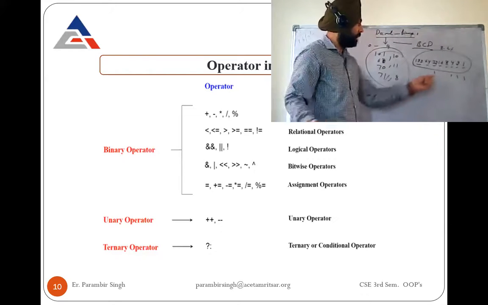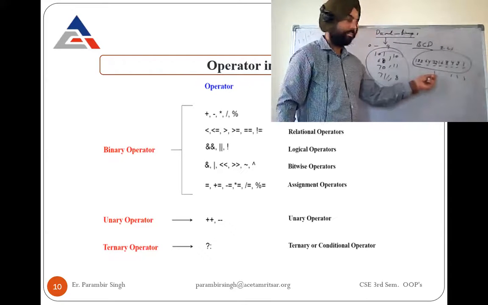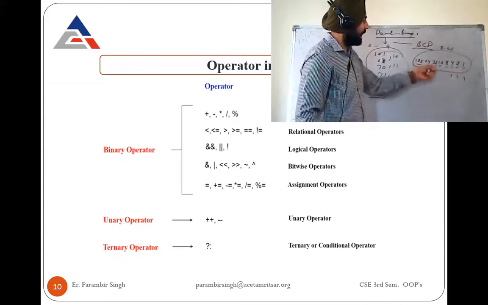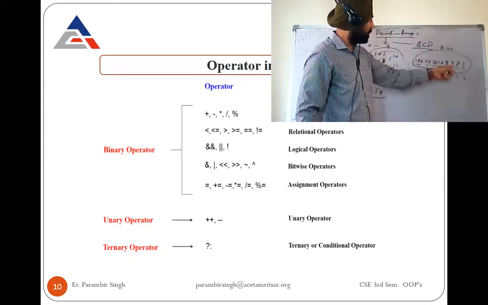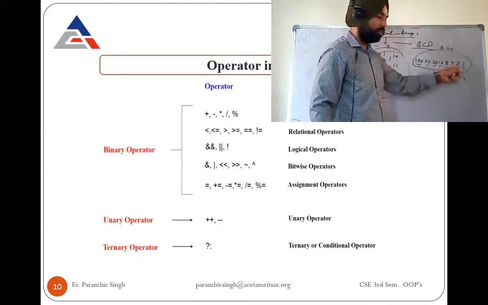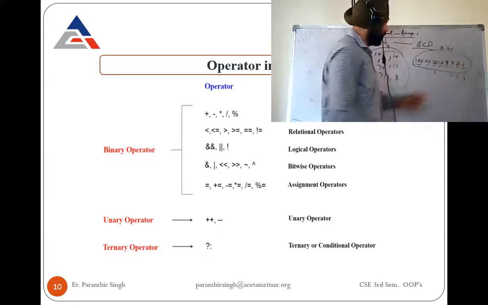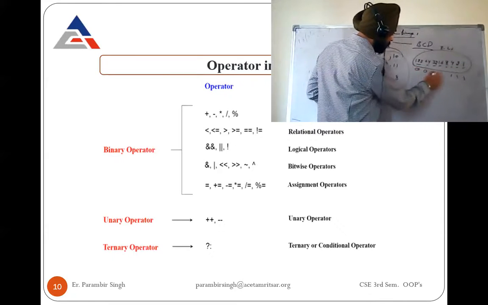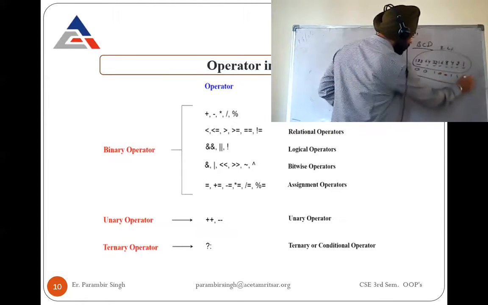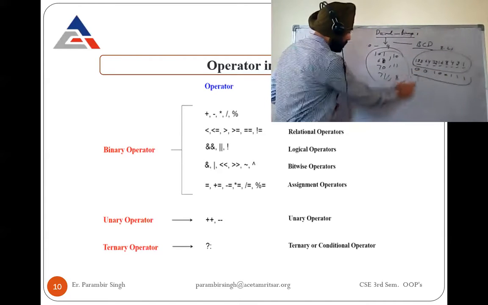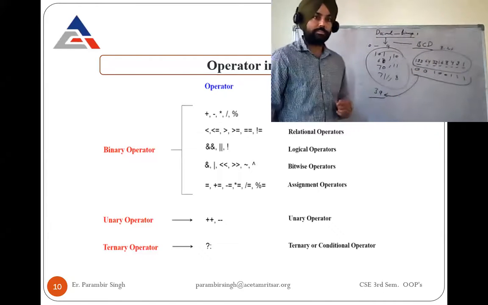So you just write the 1 where you add the values: 32 plus 4, 36, 36 plus 2, 38, 38 plus 1, 39. The rest of the values act as 0. So this is the binary value of 39.